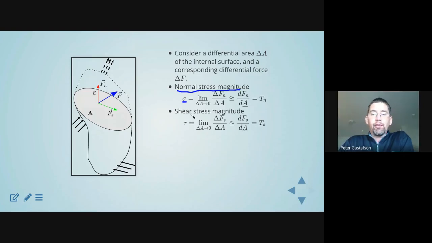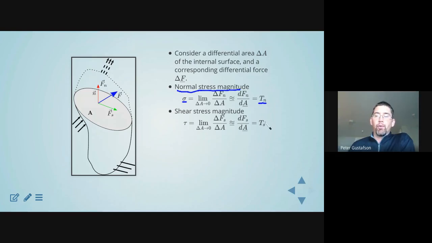And we're going to define sigma, the normal stress, as the limit, as the differential area approaches zero, of the change in differential force divided by the change in differential area. Really, this is a derivative. It's dFn/dA. It's the derivative of the normal force with respect to the area. And we're ultimately going to call this a component of a vector.